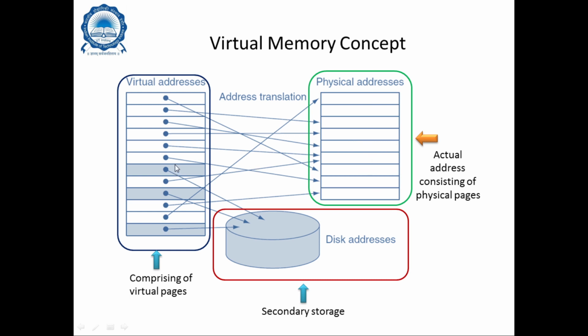The blue ones indicate mappings which are not present inside the physical memory, but reside on the hard disk, which is secondary storage. Thereby, the address space of the virtual memory is always larger than the memory space of the physical addresses.